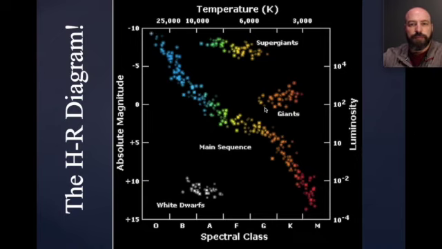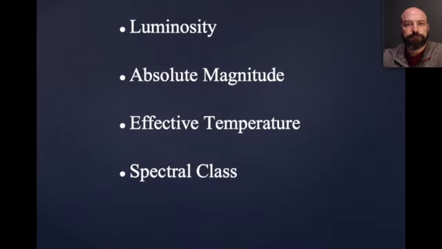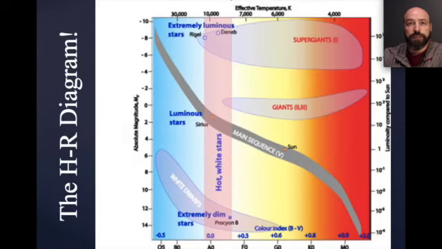Notice there's some labels in here. We have our supergiants, our giants, main sequence, that's the kind of normal pattern for stars, and we have white dwarfs down here. So we'll see this a couple different ways throughout the video. So as I said, luminosity, absolute magnitude, effective temperature, and spectral class. Let's talk about these four things.